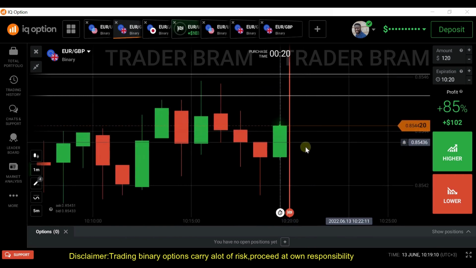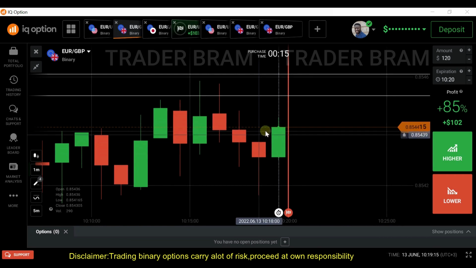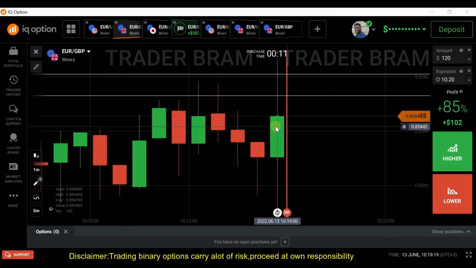Again, buyers have entered. So if you close bullish, I'll do a call option on the next candle if I get a good entry point.